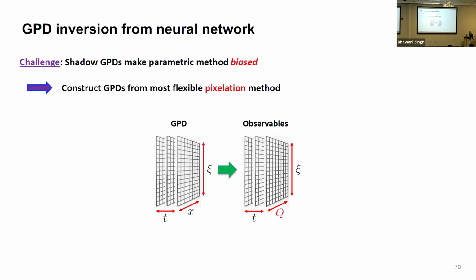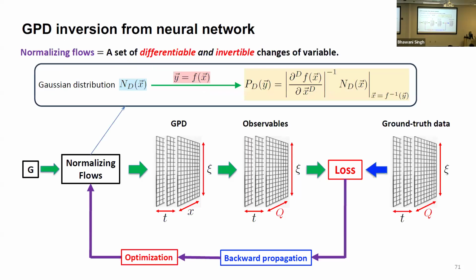From this kind of grid, we can get predictions for the measured observables and compare with data. To be able to control this grid, we use a neural network in the model of normalizing flow. I don't have time to go into the details of normalizing flow, but just think of it as a certain neural network model that tunes each pixel independently.